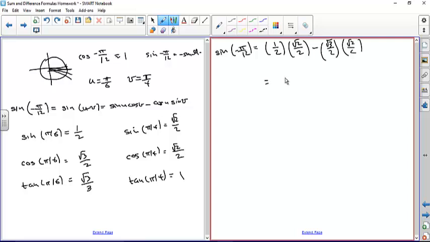So we end up with the square root of 2 minus the square root of 6 over 4, which is negative, which is what I said it was going to be. So I'm pretty sure that's right.